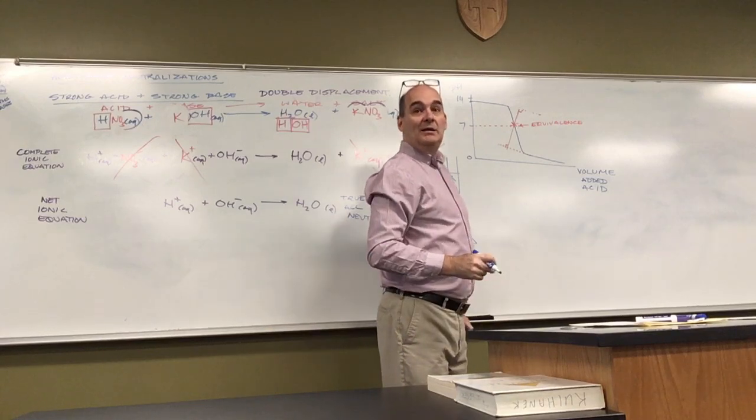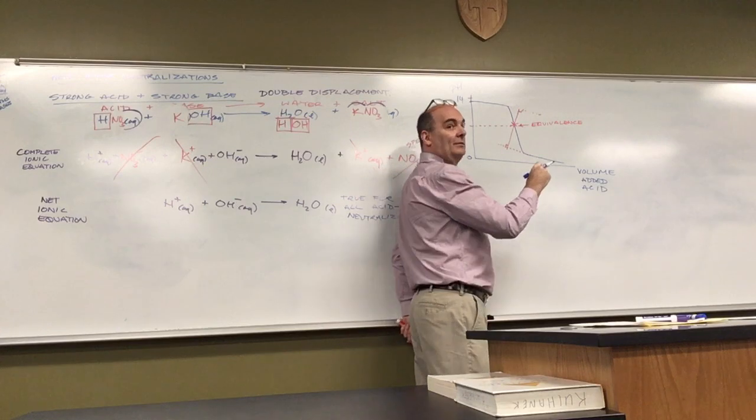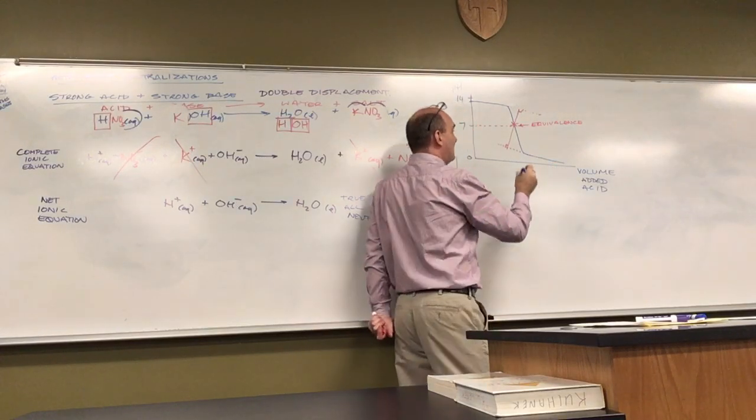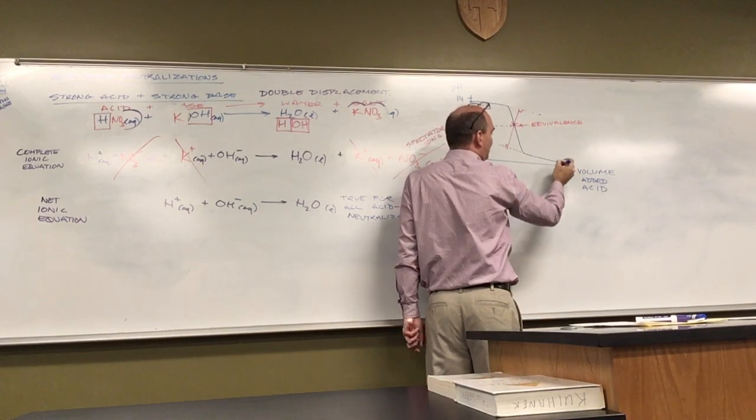There is something else on this graph that we can plot. So halfway down the steep part is the equivalence.